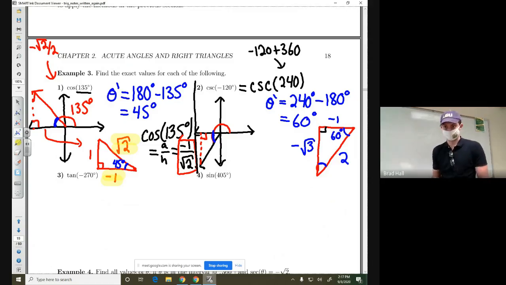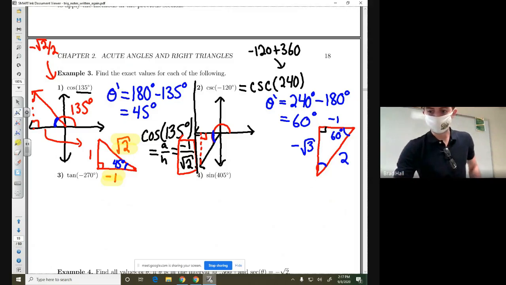So in quadrant 3, both opposite and adjacent are negative values. So make sure you have that correction and what I've just added in terms of the negative signs. And so from here, now that we have the right triangle, we're just looking for cosecant.